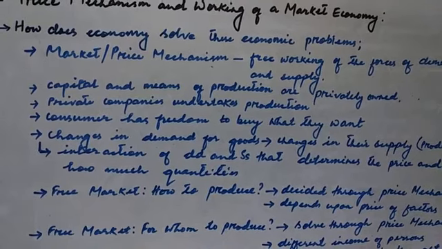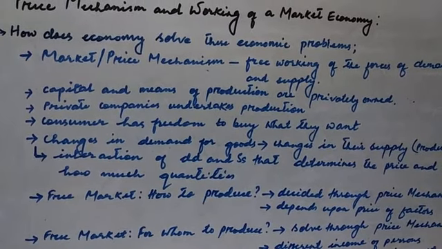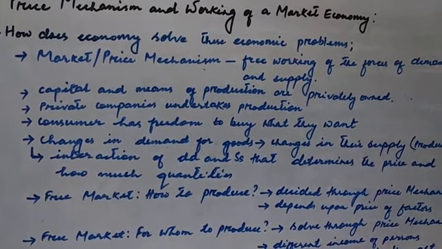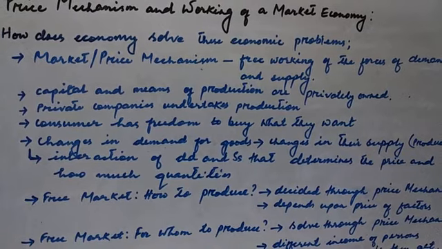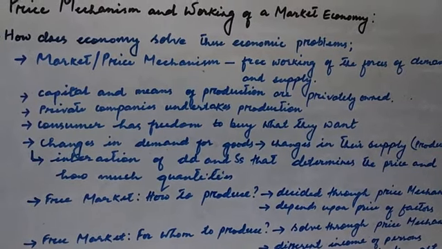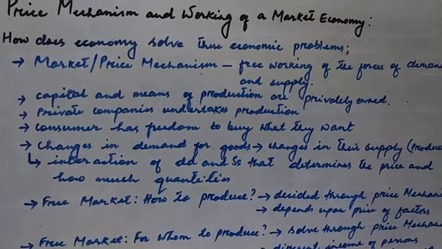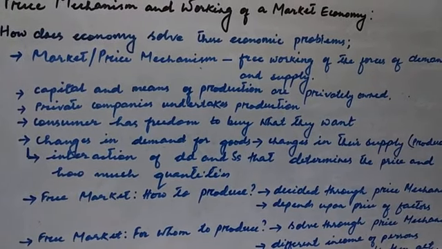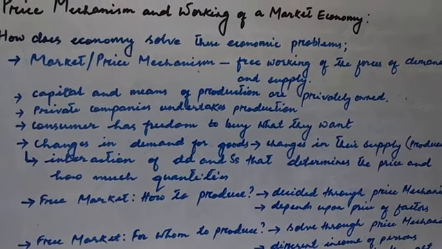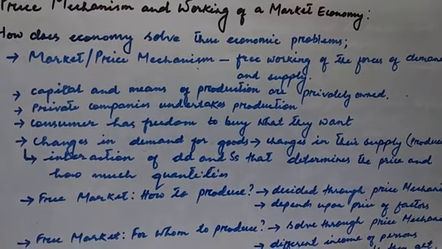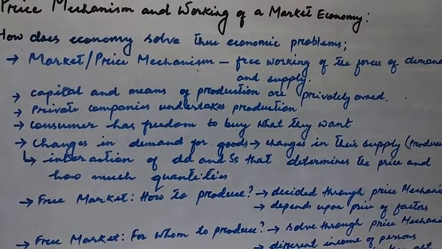So what we can see is that changes in the demand for goods by the consumers will lead to changes in their supply by the producers. The demand of the consumers is affecting the supply of goods and services from the side of producers.